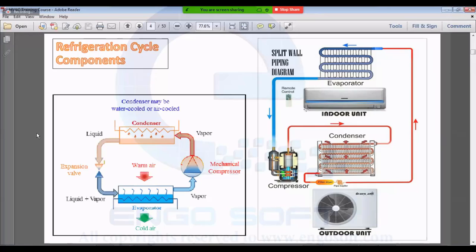The indoor unit is called in science an evaporator, whereas the outdoor unit is called a condenser. So what is meant by an evaporator? What's meant by evaporation? I don't know.